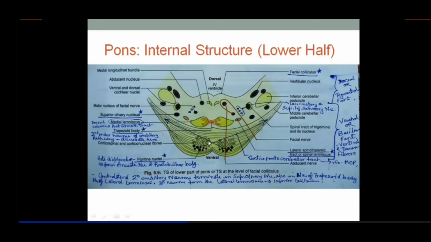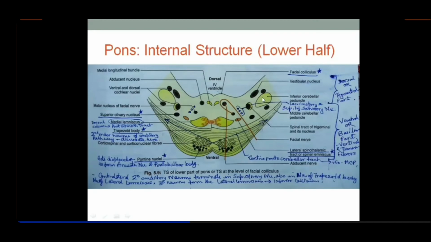Then in the median plane, in the middle line, you find another decussation here. That's called the trapezoid body. This trapezoid body is also a part of the auditory pathway. Let me tell you in short: the sensations of auditory impulses come from the organ of Corti of the cochlea, and from there these fibers come, and the ganglion is called the spiral ganglion.